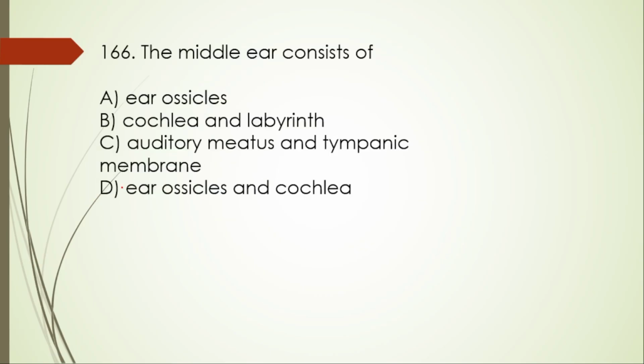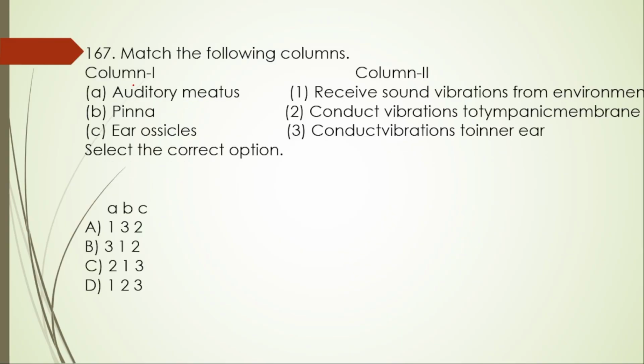The middle ear consists of ear ossicles, cochlea and labyrinth. C. Auditory meatus and tympanic membrane. D. Ear ossicles and cochlea. So here the right option is ear ossicles.